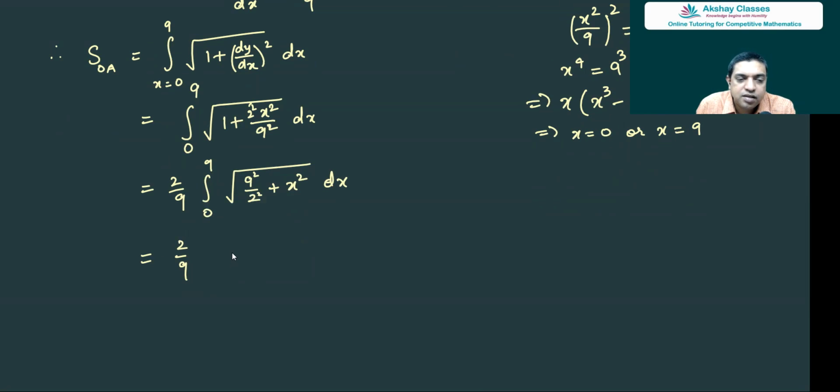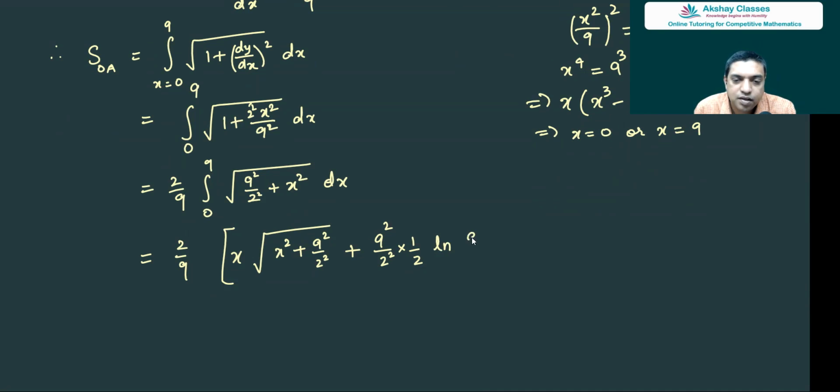The integral is x under root of x square plus a square, plus a square upon 2 into logarithm of x plus root of x square plus a square, integrating from 0 to 9.